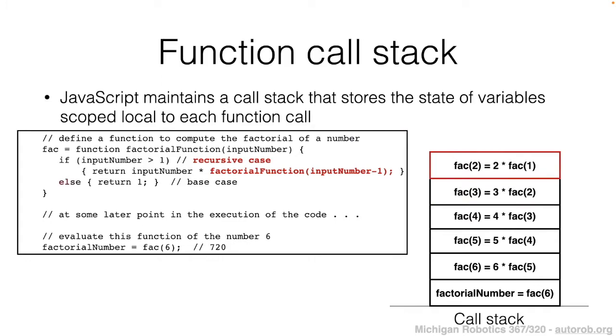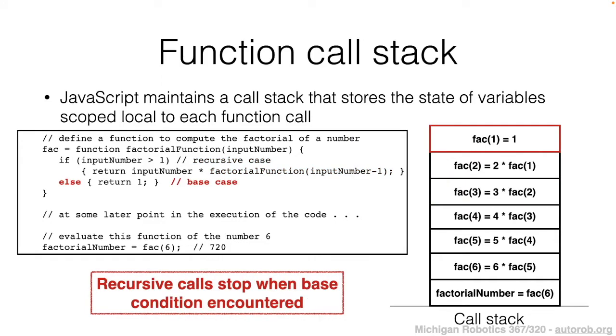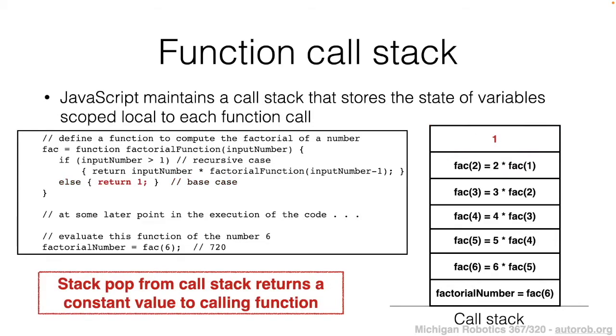until we reach the base case. So once we've reached the base case, right, now the input to the function was 1. So we return 1 from the top of our call stack, and that then is going to get popped from the stack.